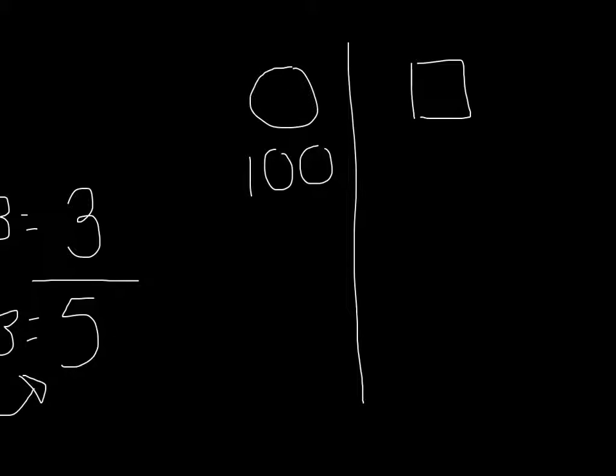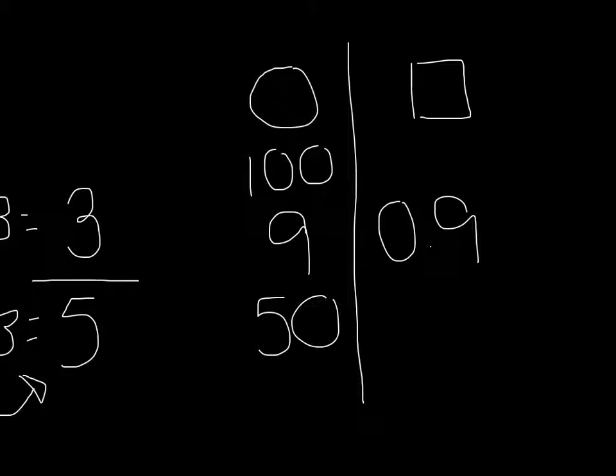Well, if you look at the other numbers, 9 is the same as 0.9, and then 50 is the same as 5. What do we have to do to 50 to convert it to 5? That's the rule that I'm looking for. What should we do to the 100 in order to get the number that's missing?